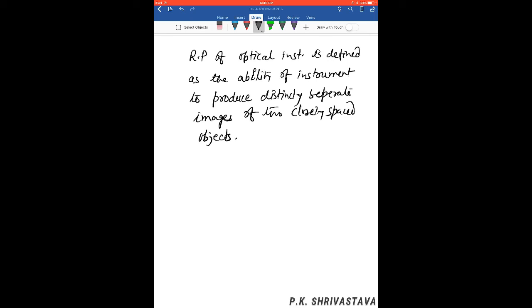That is, resolving power tells about the quality of the instrument, whether the images of two closely spaced objects are seen separately or not.